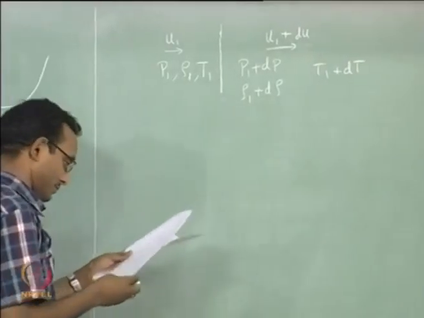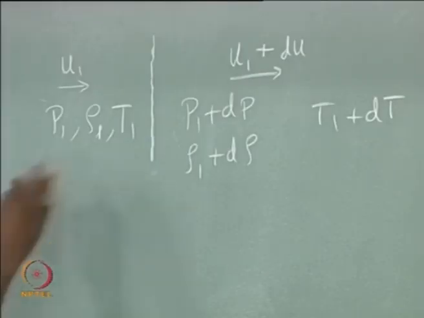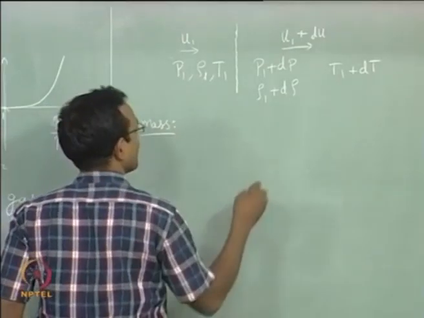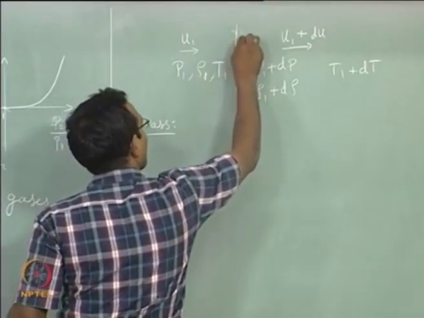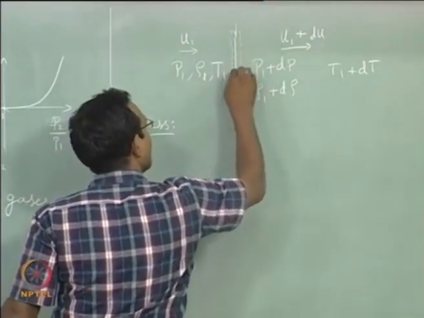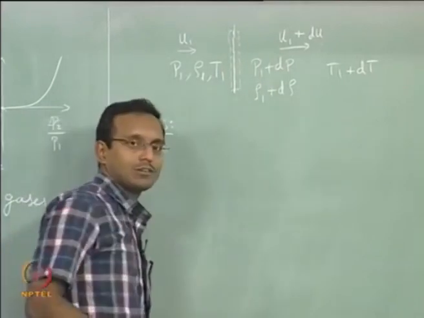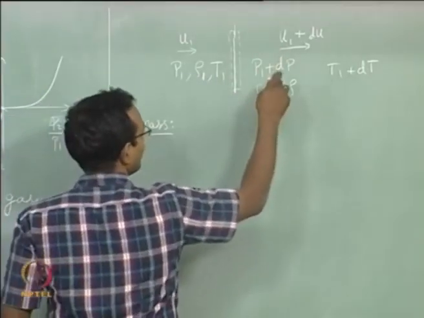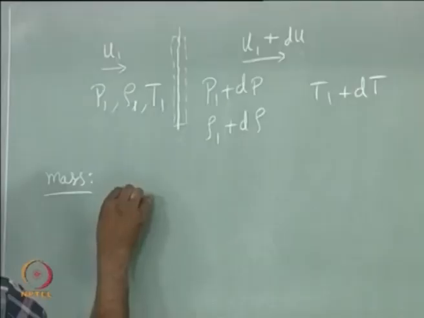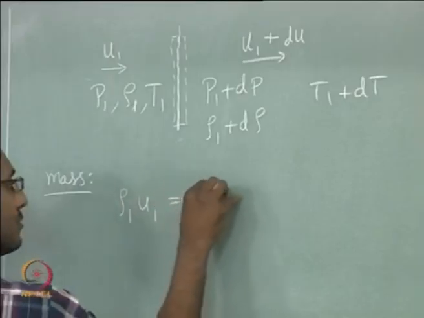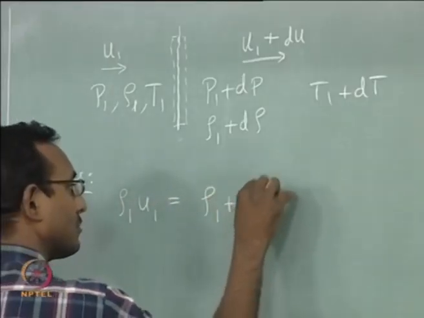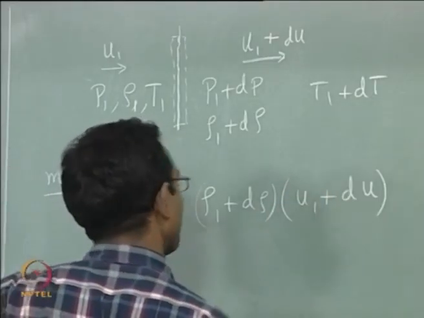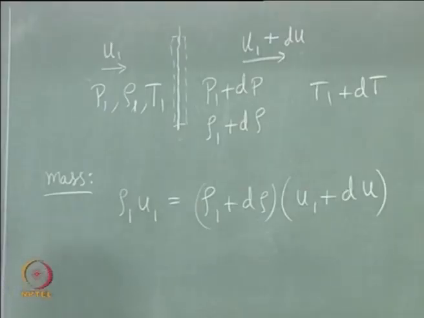All this will happen. Now let us do this mass conservation across this. Okay. Mass conservation is, I am going to pick a control volume across this wave and I will make it equal area, constant area control volume. So I will just have rho 1 u1 equal to this density into this velocity. Okay.